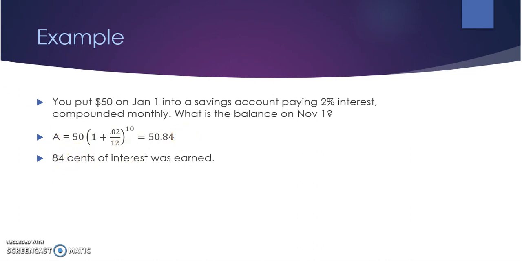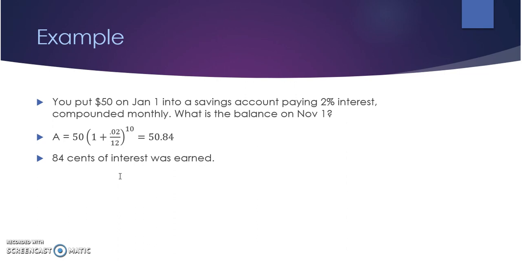Not a lot of difference here. It's 1 penny difference from my simple interest, and that 1 penny was even with rounding. Here, that 84 got rounded up, and in the previous problem, that 83 cents actually got rounded down. So it's less than a penny. But yes, compound interest, if you go more than one interest period, more than 1 month, will earn more. It may be less than a penny, so it may not show up in the account, but it does earn more.